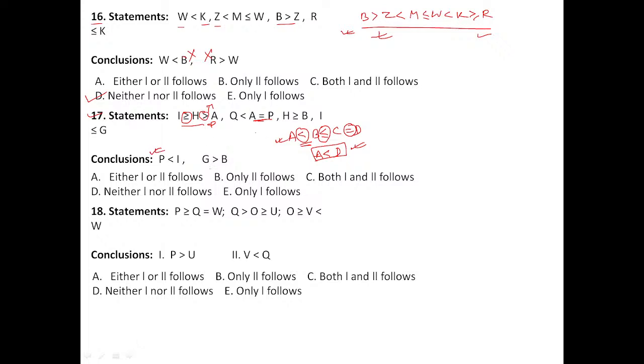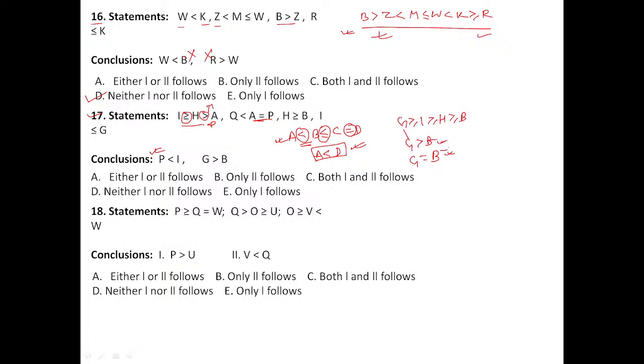Moving to next, G greater than B. G greater than or equal to I greater than or equal to H greater than or equal to B. Here you can clearly see that G greater than B could be one of the possible choices, but not exact. Why? If you say G greater than B and someone else says G equals B, which one is correct between these two?